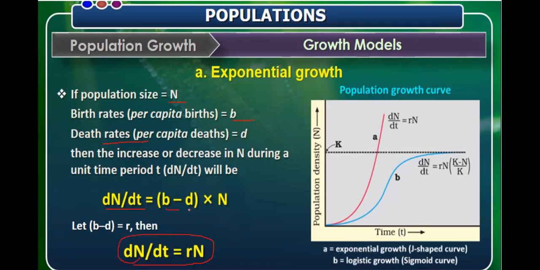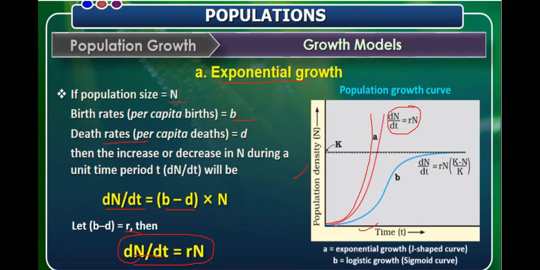This is the formula for calculating exponential growth. If we plot a graph between time and population density for exponential growth, we will get a J-shaped curve. So this is the equation: dN upon dt is equal to rN.